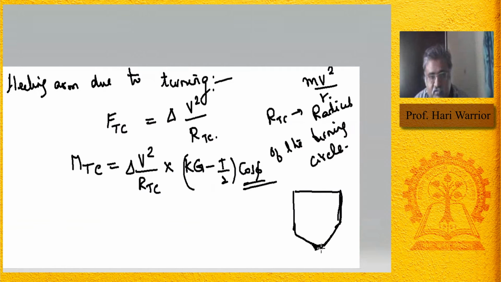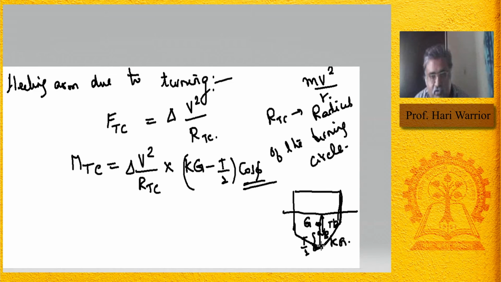So let's assume this. When it is turning, G will be somewhere here. This is KG, and this will be B. So this will be T by 2, and this will be T by 2.